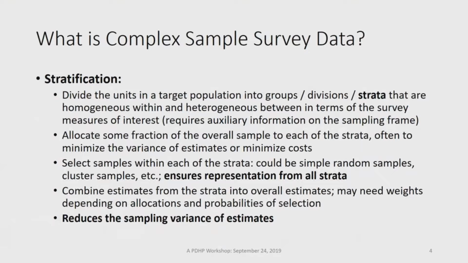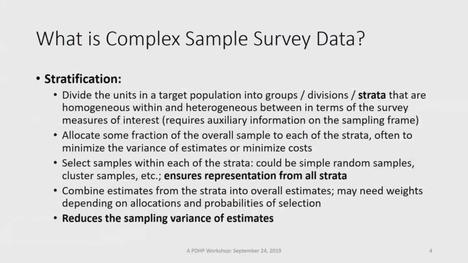Stratification, this is where we divide the units in a given target population into groups or divisions or strata that are homogeneous within and heterogeneous between. That's a key feature of this kind of design here. We want those different strata to be as similar as possible in terms of what we're trying to measure to get the biggest increases in efficiency of our estimates, or basically to reduce the standard errors of our estimates as much as possible.